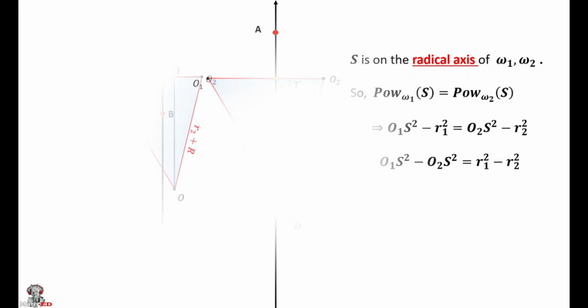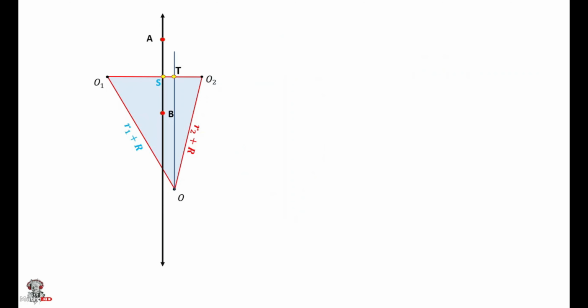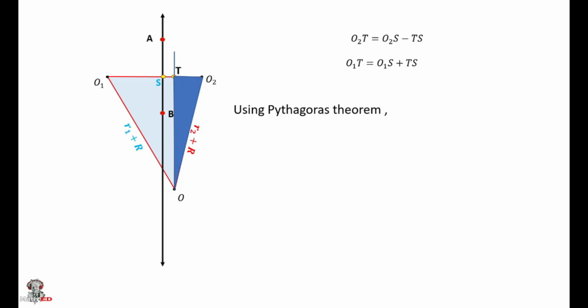So let's proceed further. Now if you notice, this distance O2T is equal to O2S minus ST, and the distance O1T is equal to O1S plus TS. I think this is pretty clear. Now in this blue triangle, using the Pythagoras theorem, we can say that R2 plus R whole square equals O2T square plus OT square.